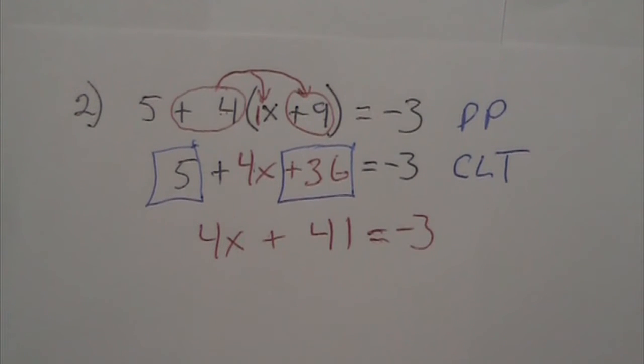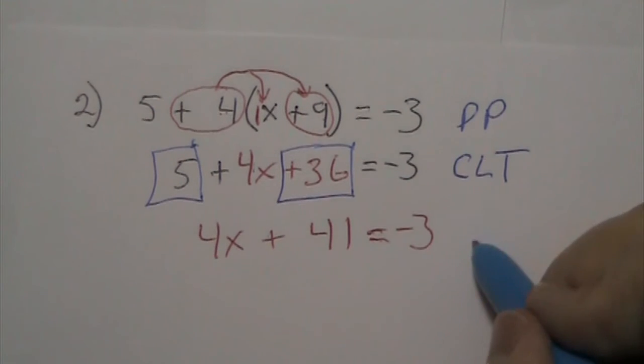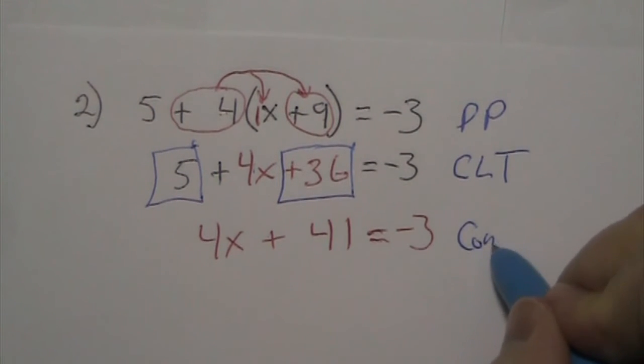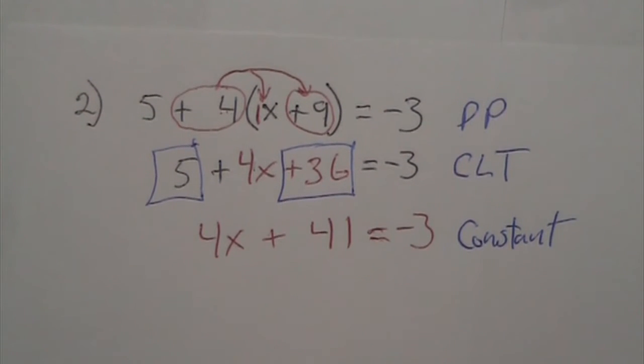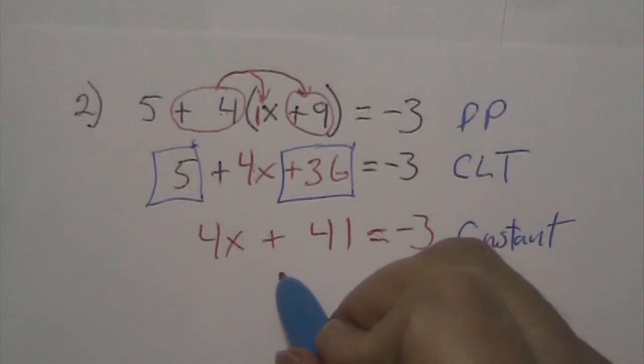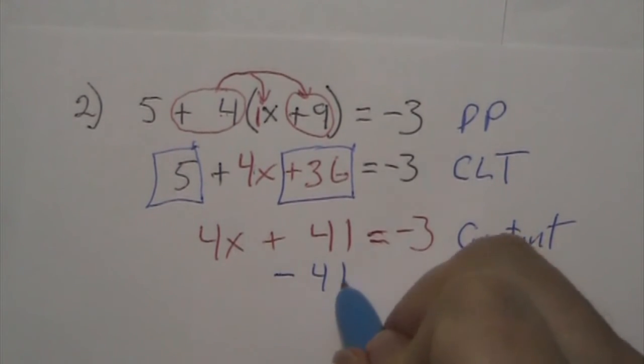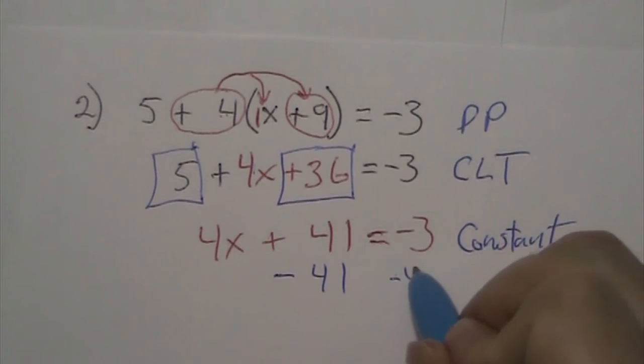Okay, what's the next step? Now we have a 2-step problem. So our next step is to take care of the constant. So I will subtract 41, both sides.